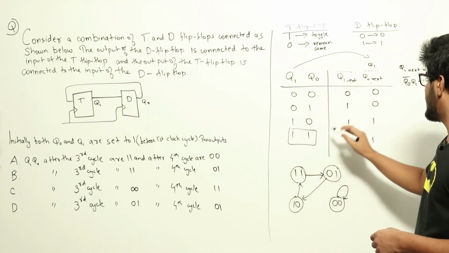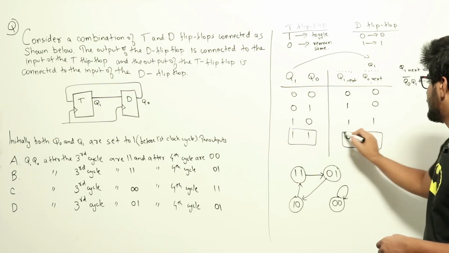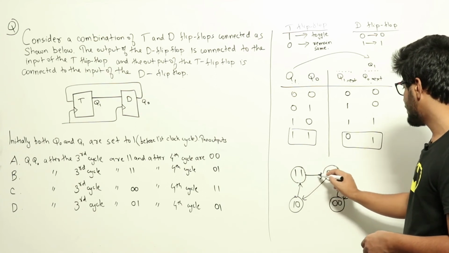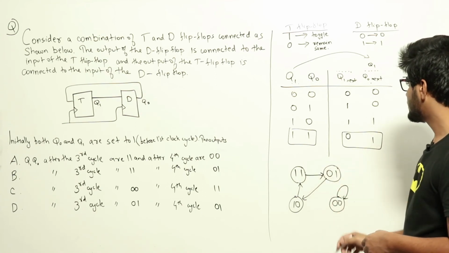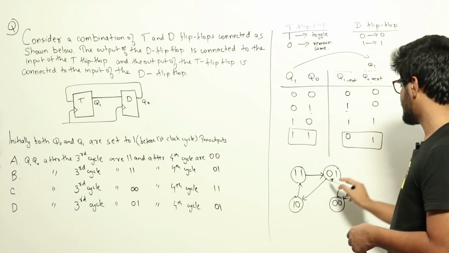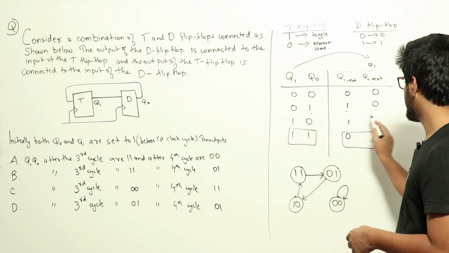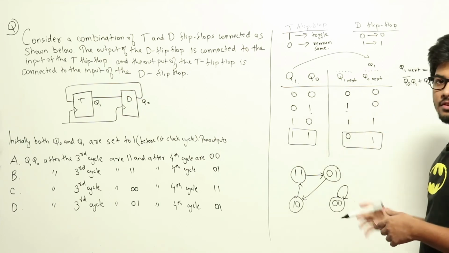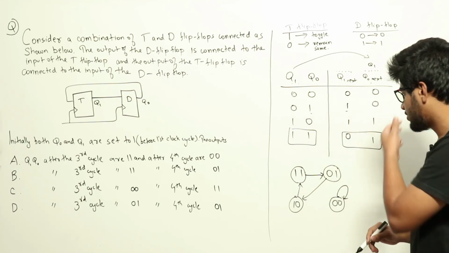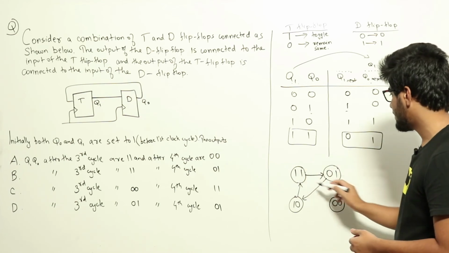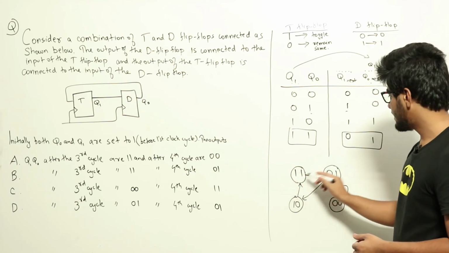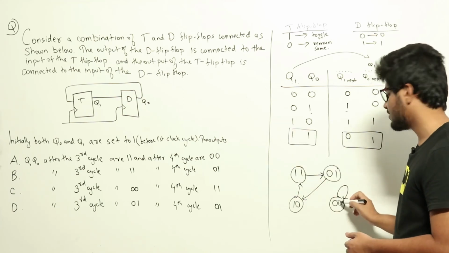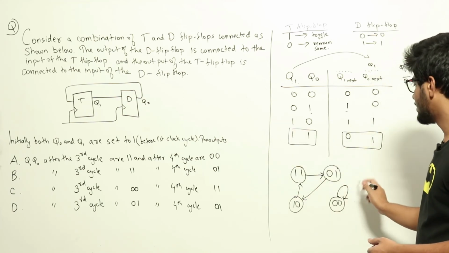After 1 cycle, it will become 01. Similarly, 01 will go to 10, and 10 will go to 11. And 00 will remain at 00 itself. So this is the state transition diagram. If the state is any of these three, it will just cycle between them. And if the initial state is 00, it will keep showing 00 only.